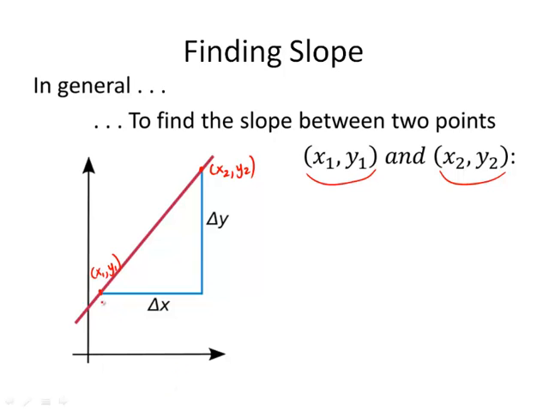So to find the rise, you need to find the change in the y values, which is going to be the difference of your y values, y2 minus y1. Now to find the run, you're going to be looking at the change in your x values, which is given by x2 minus x1.